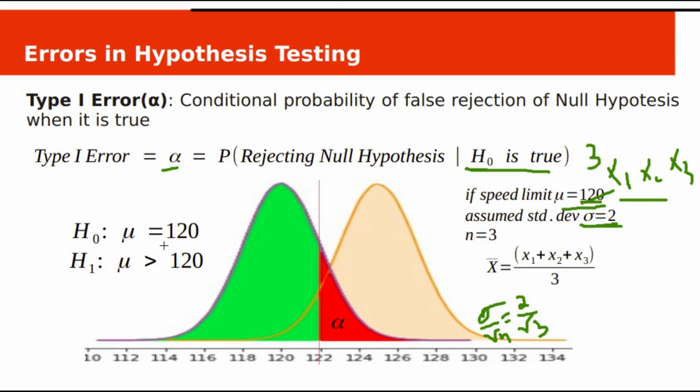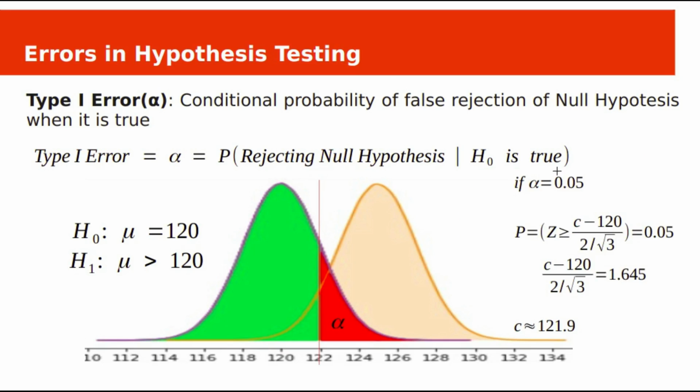In this example, the null hypothesis H0 is mu equal to 120 kilometers per hour, and the alternate hypothesis H1 is mu greater than 120. To reject this null hypothesis at alpha level 0.05, the critical value should be calculated.